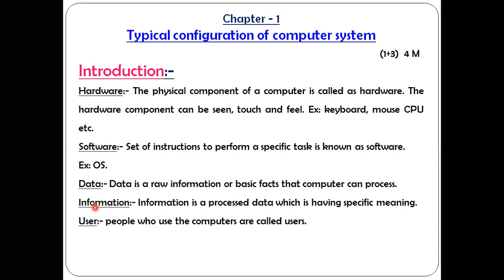Information is a processed data which is having a specific meaning. It's called as information. The last term, that is user. People who use the computer are called as user. These are the terms which are associated with the chapter called as typical configuration of a computer system. First one, hardware, software, data, information, and user.